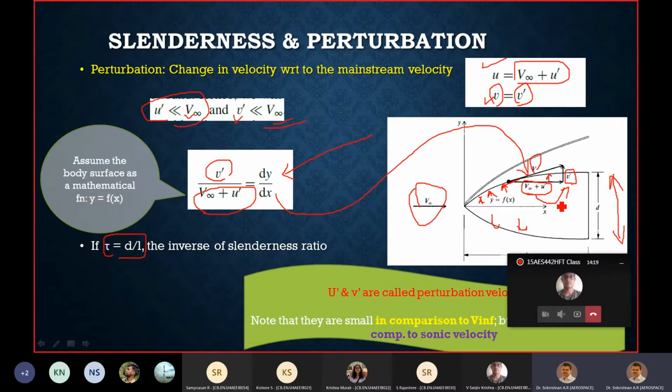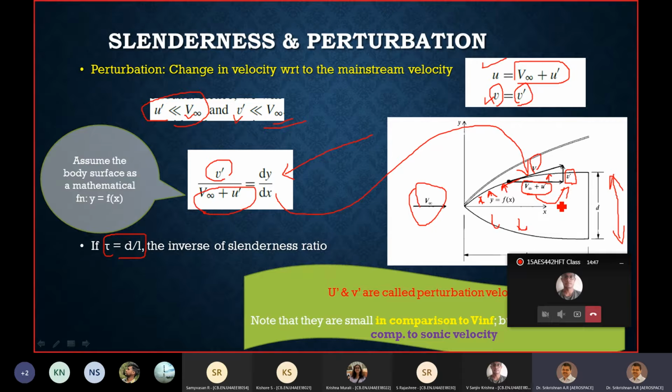The slenderness of a shaft, etc., is an important parameter in analyzing the vibration, internal stresses and the stresses produced by bending moment. So what we mean by slenderness ratio for this particular body is L by D of it.